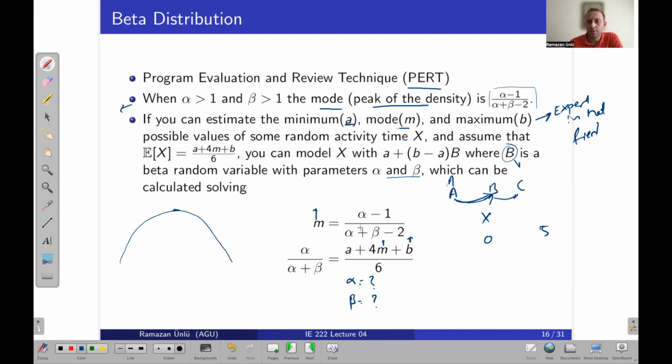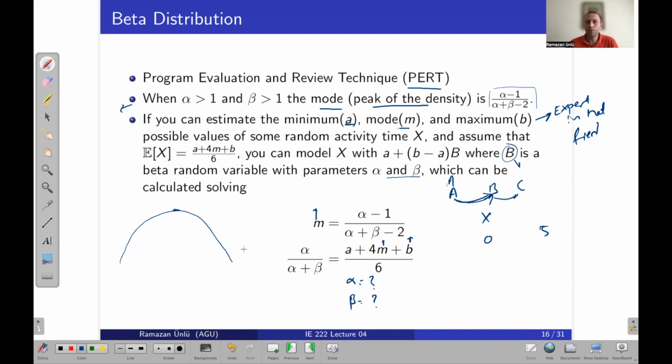To summarize, if we want to generalize beta distribution to another case, we can simply use these two formulations. Why? The peak of density is correct for any kind of beta distribution in which alpha and beta are greater than 1, which is (alpha minus 1) divided by (alpha plus beta minus 2). And that is equal to the mode of our new case, and the mode of our new case is estimated by asking an expert, let's say. And also, we assume that the expected value of the distribution is (A plus 4M plus B) divided by 6.